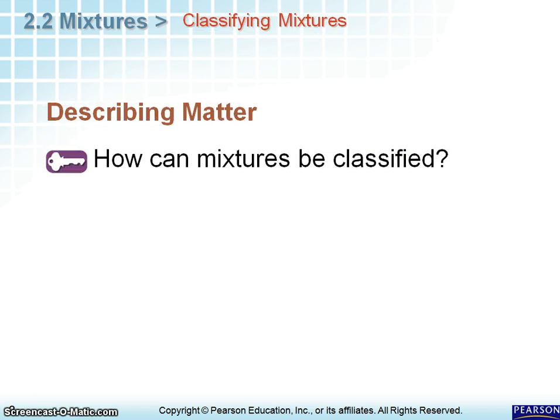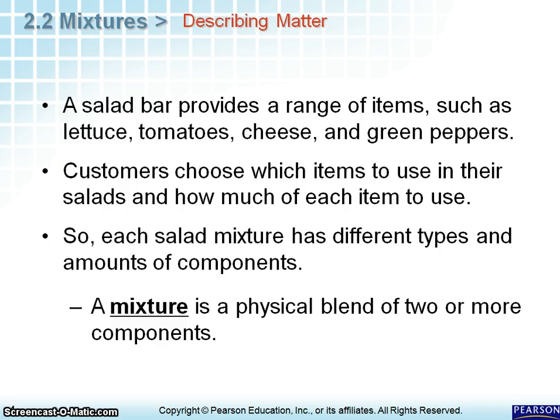How can mixtures be classified? Well, if you take a salad bar, for example, you have different types of vegetables in the salad bar, and you as a customer can choose however many tomatoes you want, cucumbers, whatever. And so each salad mixture has different types and amounts of components.